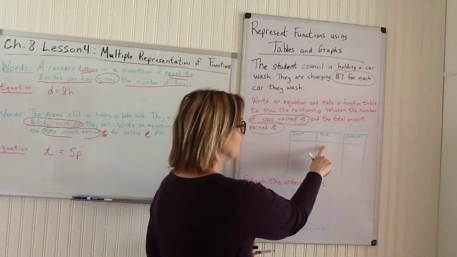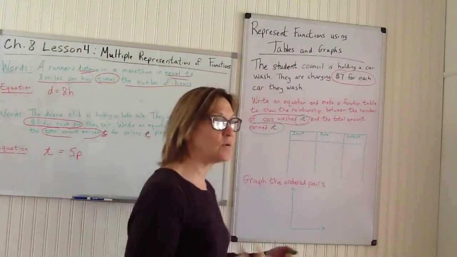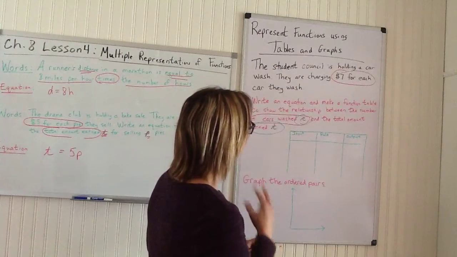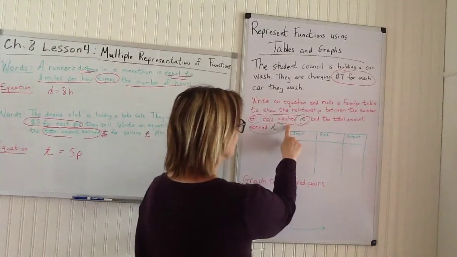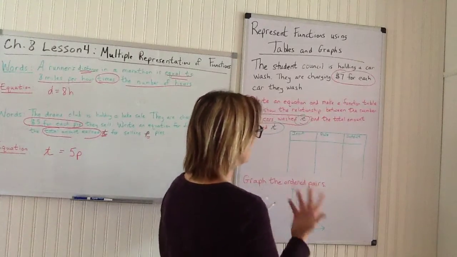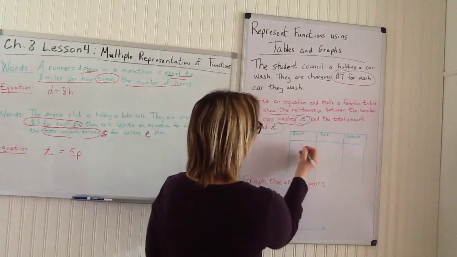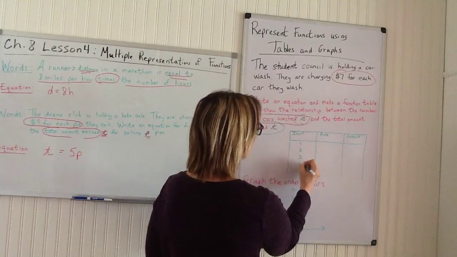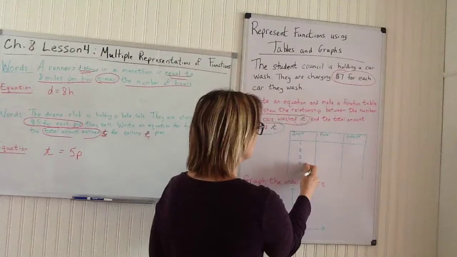My input, my rule, and my output will be part of this function table. My input is either going to be how many cars are washed or what the total is going to be. I think my input should be how many cars are washed, because imagine if they washed 1 car, 2 cars, 3 cars, or 4 cars, that would be my input.